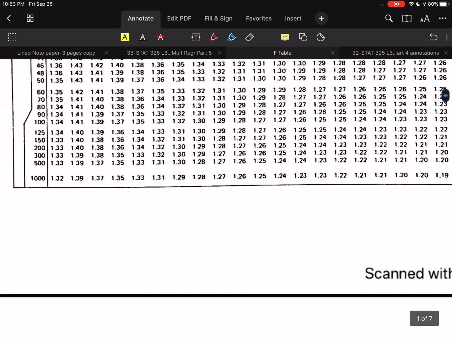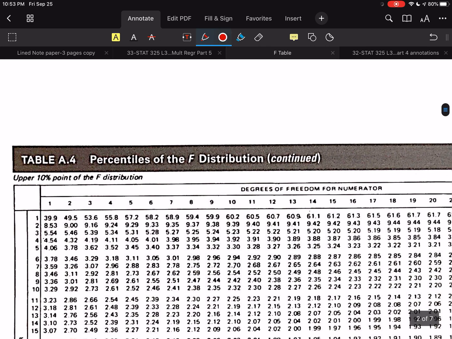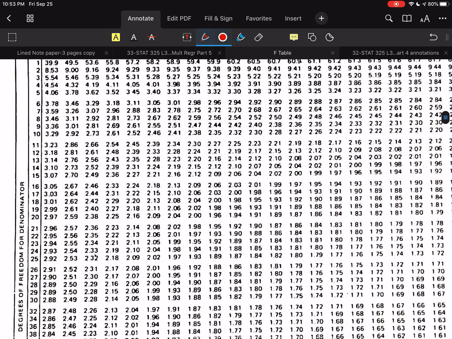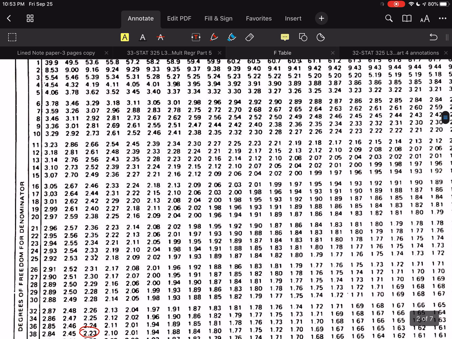So we need to go to another table. So we'll go to the one that has 0.1 as the p-value, so upper 10%, and 3 and 38. 38 is going to be 2.23. So I believe our value is still larger than that. So 2.74, and that is 2.23.